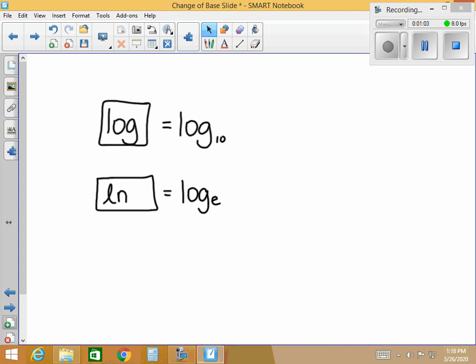Those are the two buttons my calculator understands. Some of the more sophisticated calculators today can do other bases, but we're going to assume that we have some older technology and these are the only two buttons we see.